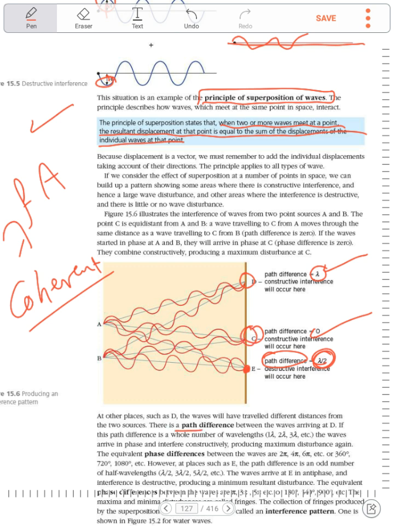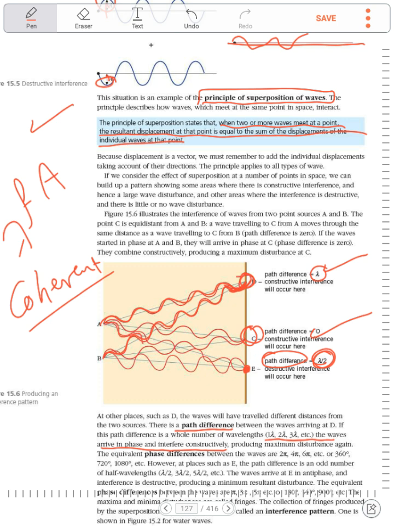So if there is a path difference between the waves arriving of a whole number of wavelengths, lambda, 2 lambda, 3 lambda, etc., the waves arrive in phase and interfere constructively, because you can see this is wave number 1 and wave number 2, both of them have the same shape, so it's a constructive interference.